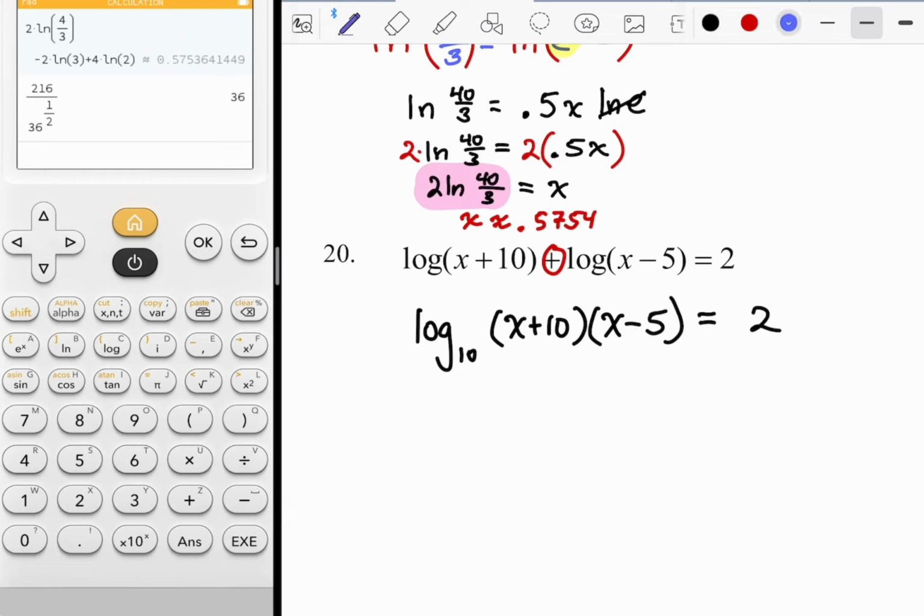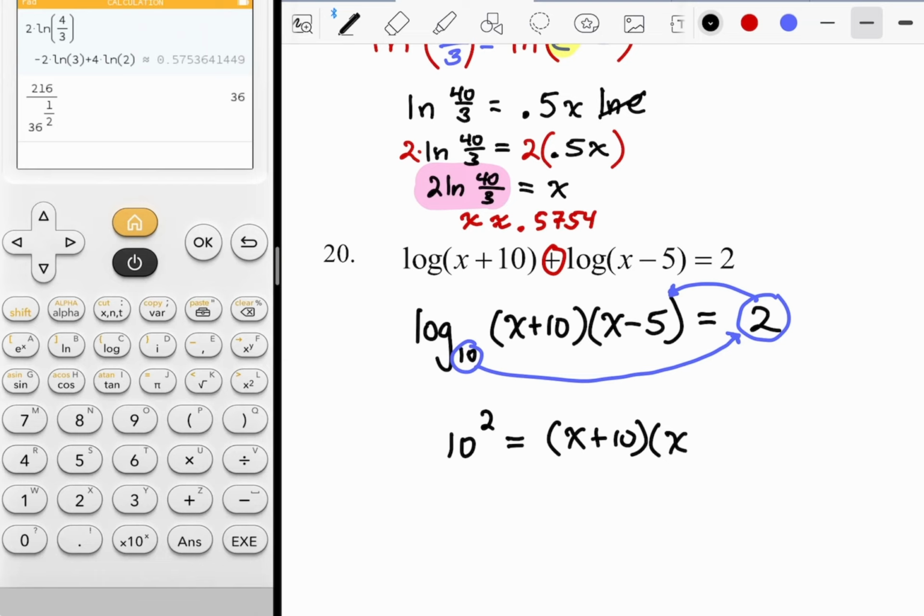All right. Now I can convert over into exponential form. So, you know, that little circular approach. So we're going to write this as 10 to the second power is equal to x plus 10 times x minus 5.